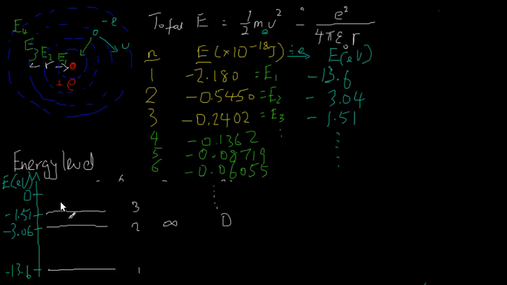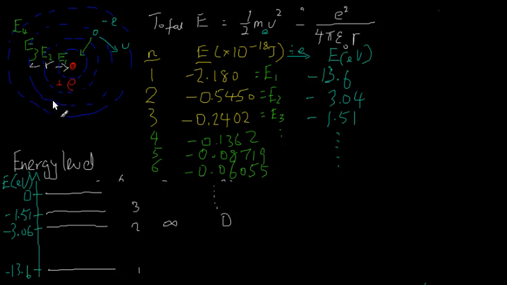So this means that the energy level diagram will look like this. It will never go beyond zero, so we can draw a line there. But there would be an infinite number of possible values. Remember that the n here means the number of wavelengths around it.